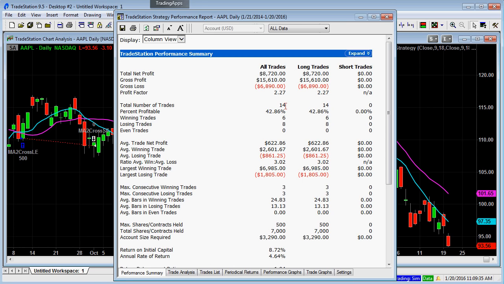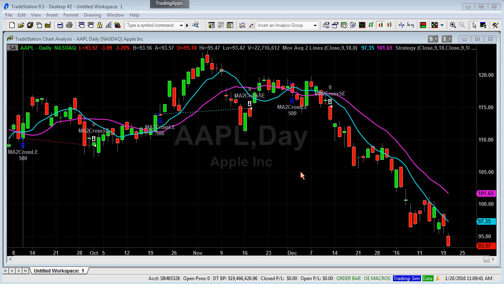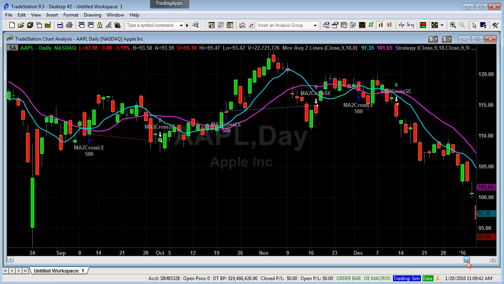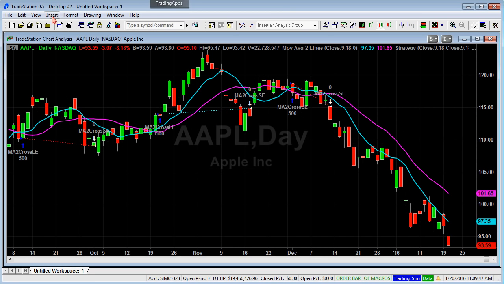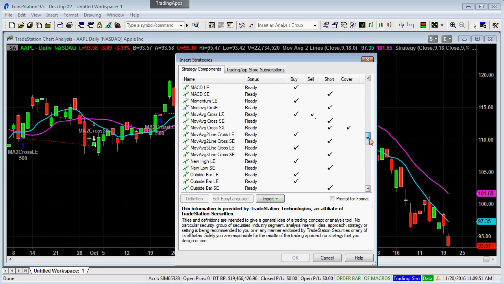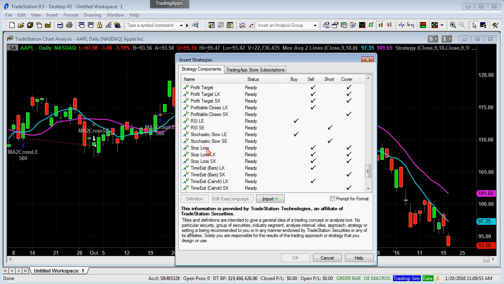Okay, let's look at some other segments here. We turned off the short side of this strategy. Let's go ahead and combine this with a stop loss to see if we can trigger a stop loss. If we go to Insert Strategy, there's different components here that I can use. I can say, give me a stop loss strategy.